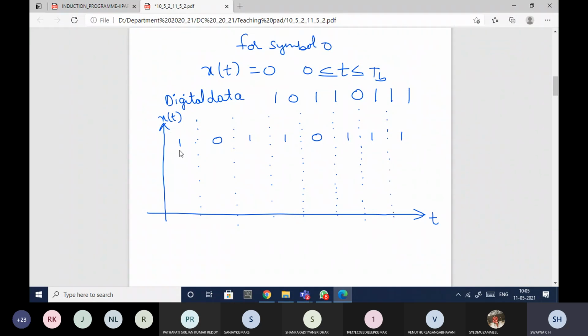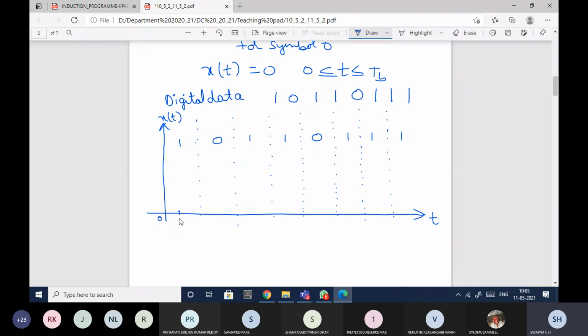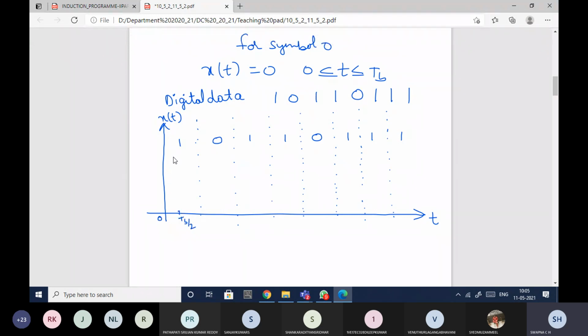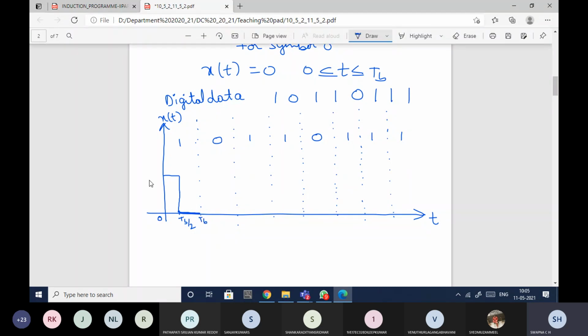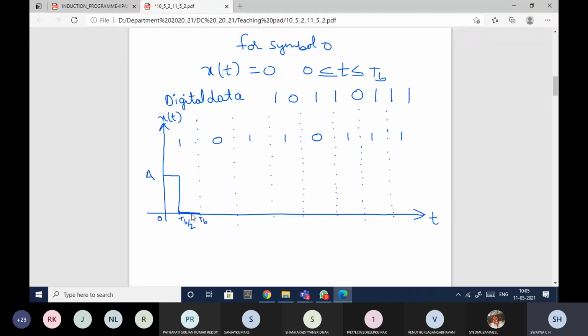First I have 1, so until Tb by 2 its value should be A, and in between it has to return to 0, and next it is 0 again. So for half of the interval the amplitude is A, and the rest of the amplitude is 0.